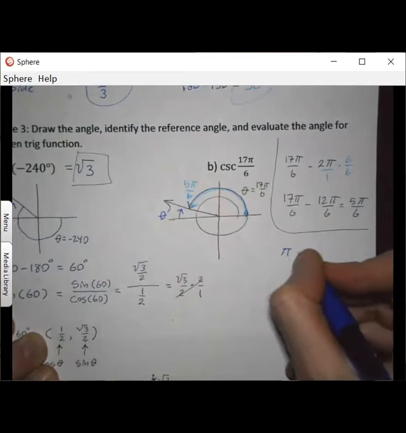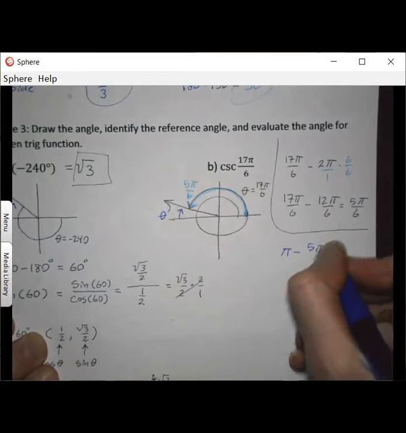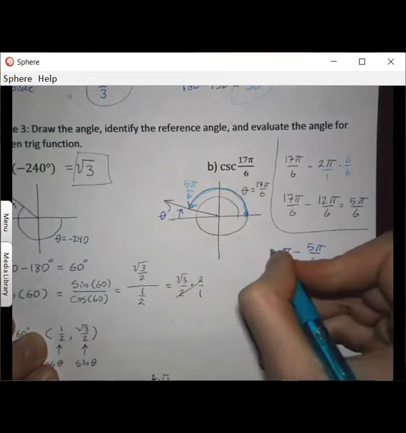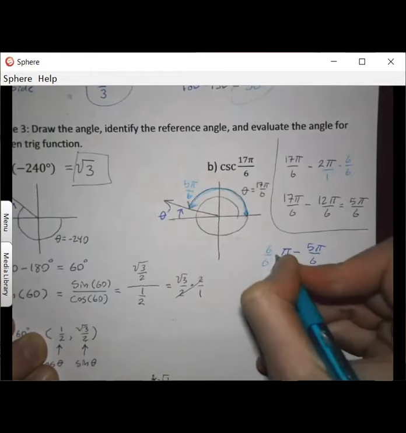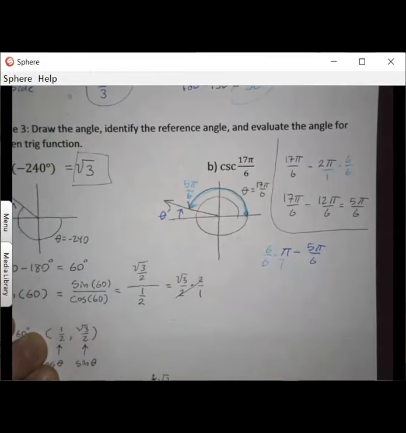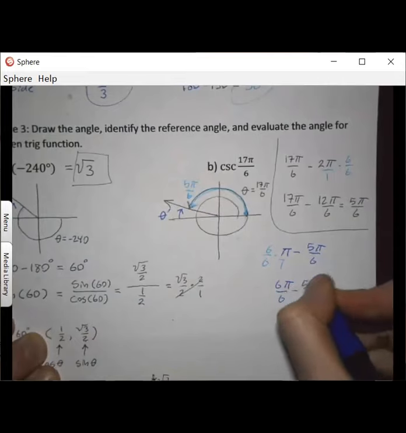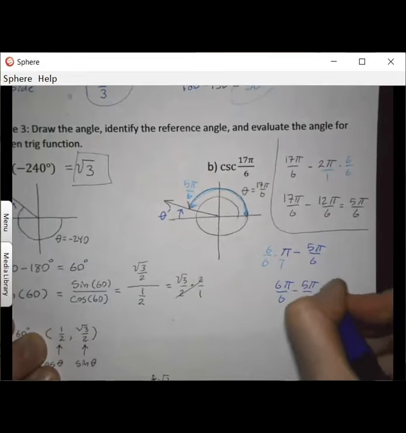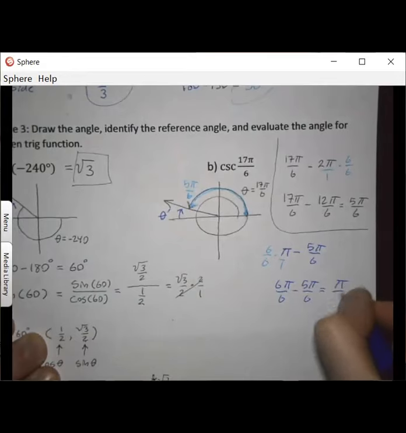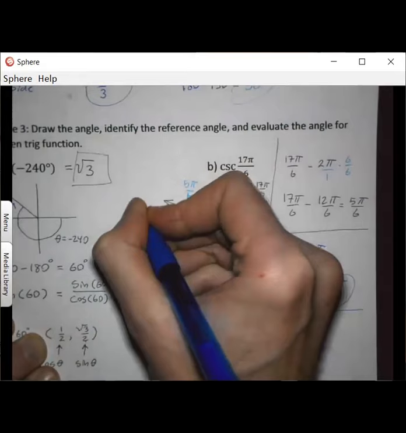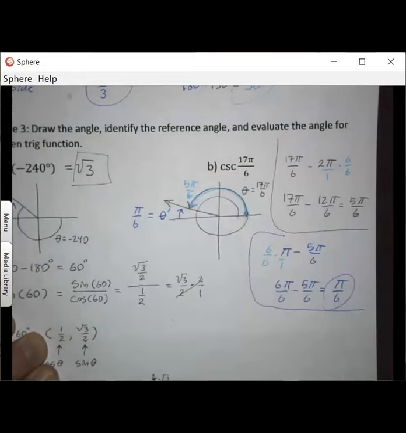So pi minus 5 pi over 6, common denominator. So multiply by 6 over 6. 6 pi over 6 minus 5 pi over 6 is pi over 6. So that's going to be my theta prime, pi over 6.